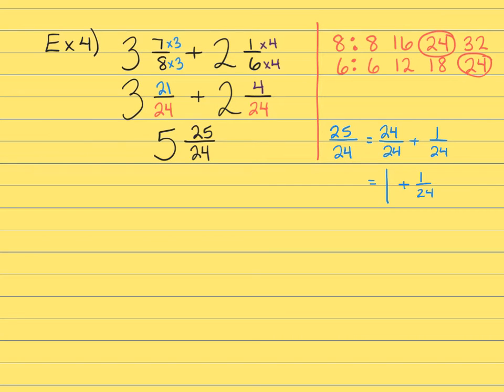And we could just rewrite that as 1 and 1/24 this way, and then just add it to 5, the whole number that we have in the problem. And that gives us 6 and 1/24. And now we've got it written properly as a mixed number.